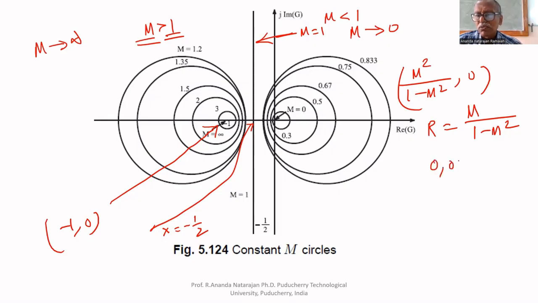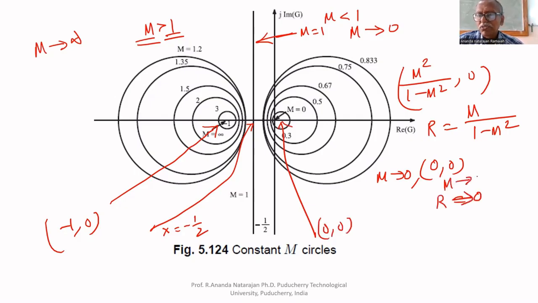Therefore, 0 comma 0. Finally, as m tends to 0, the center goes to 0 comma 0, and the radius also tends to 0. That is mentioned here. So these are all called the set of M circles.